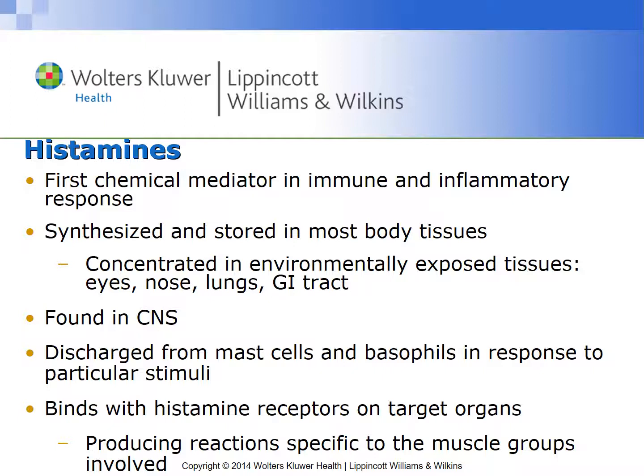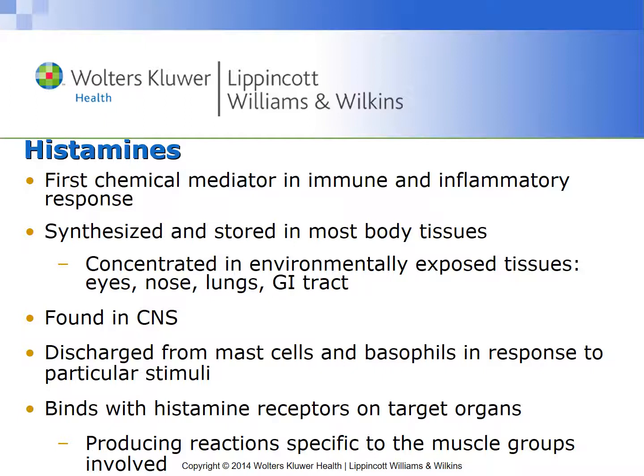The H1 receptors are on the smooth muscle cells in the blood vessels and the respiratory tract and the GI tract, the gastrointestinal tract. What happens after the binding to the H1 receptors is contractions of the smooth muscles in the bronchi and bronchioles, which causes bronchial constriction and respiratory distress.